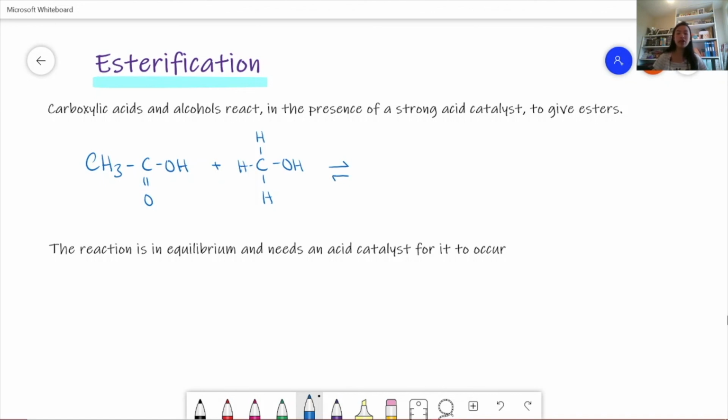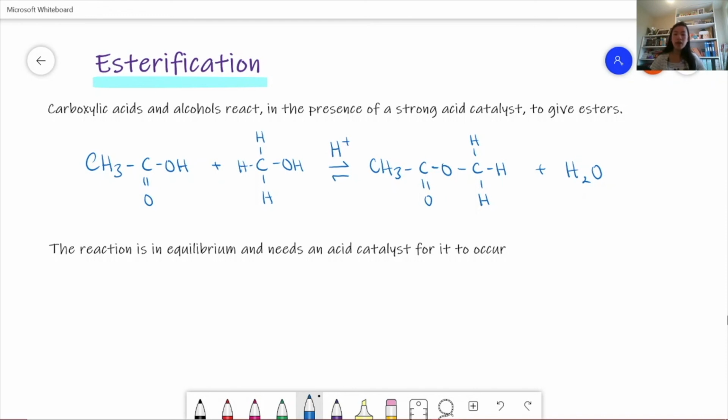Again, we look at the acid first. We have CH3 and then C double bond O, and then stop, and look at the alcohol. We complete it by having a CH3. We also get water because we're removing some water from it, and this is in the presence of a strong acid catalyst.